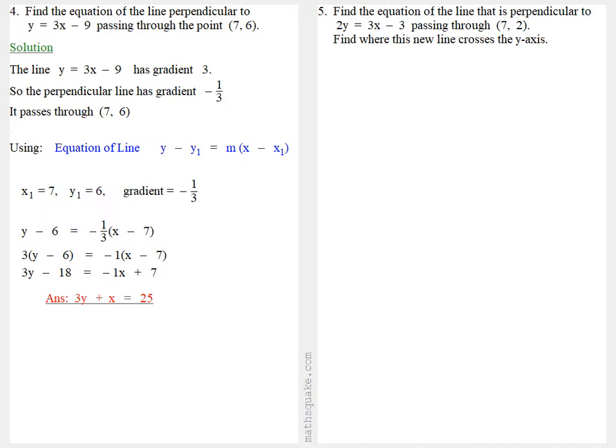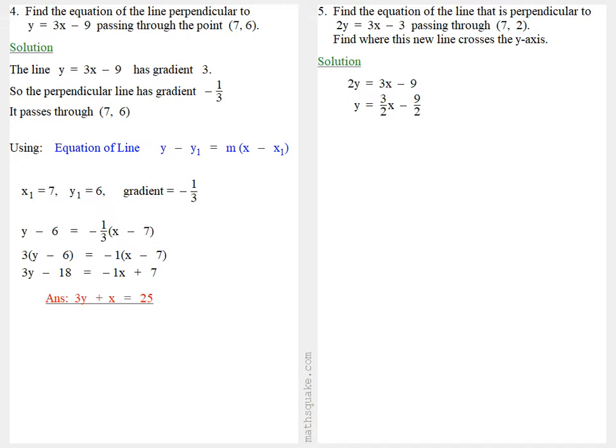In question 5, we have to find the equation of the line that's perpendicular to 2y equals 3x minus 9, passing through the point (7, 2). And we have to find where this new line crosses the y-axis. So if we start with the equation 2y equals 3x minus 9, to get it in its standard form, we can divide all the way through by 2.